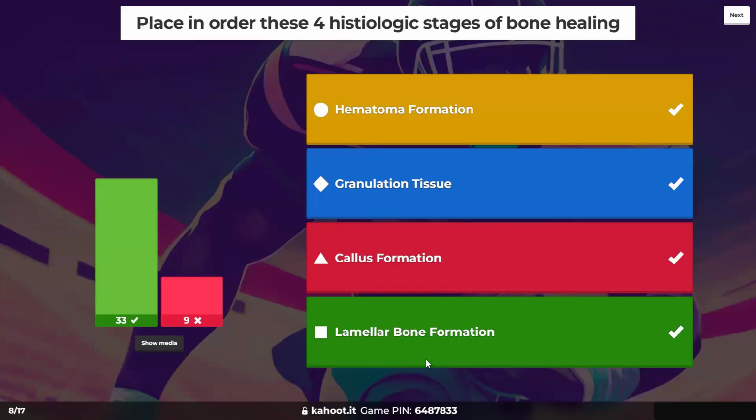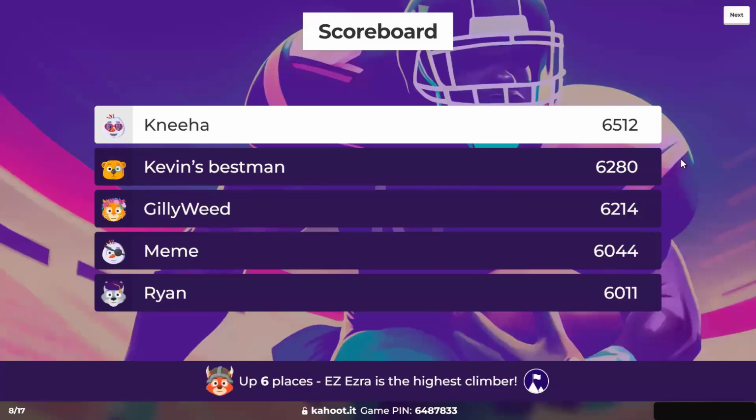If that helps you remember. Most of you got it. Hematoma is the first day, granulation, first couple of weeks. Then after that couple of weeks, you get that callus formation. Weeks to months is your lamellar formation.